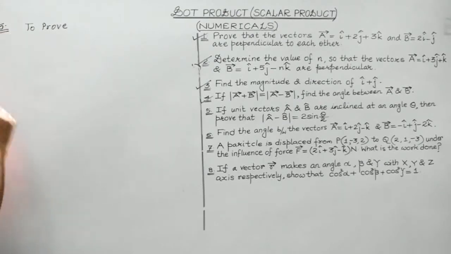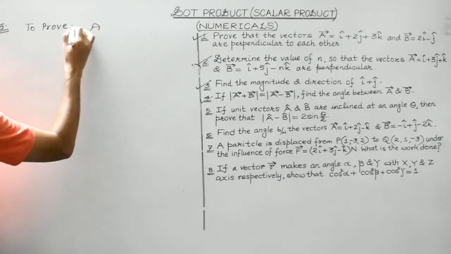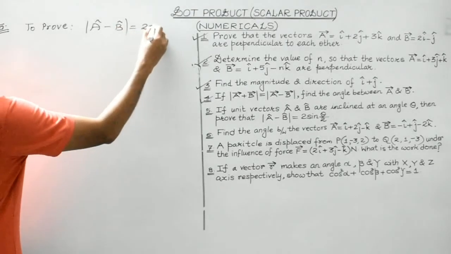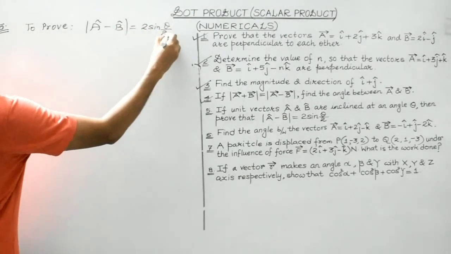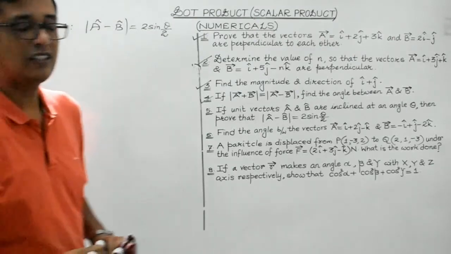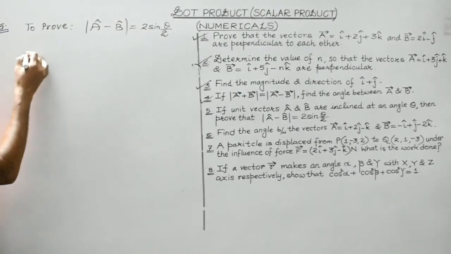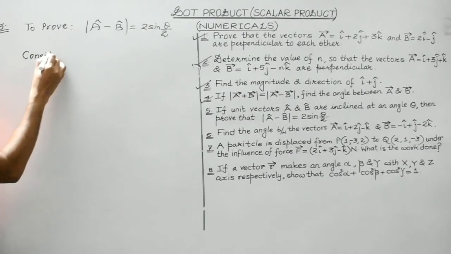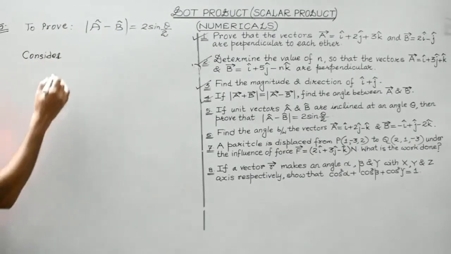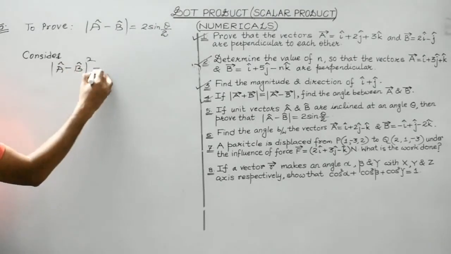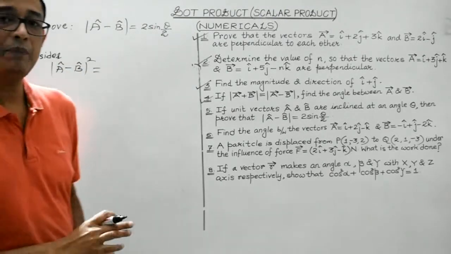We are doing the fifth question, so this is to be verified: mod of A cap minus B cap is equal to twice sine theta by 2. Right? Now students, what we do is consider, just as we have done, mod of A cap minus B cap square.